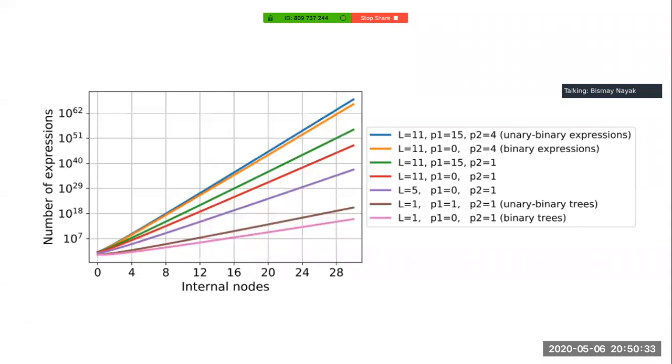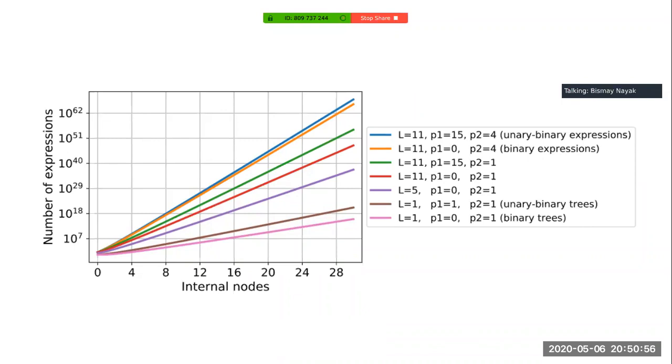And as we increase the number of leaf nodes, you can see the number of possible expressions increases dramatically, from 10 to the power 18 to about 10 to the power 45, when we increase just the number of possible leaf nodes to 11.